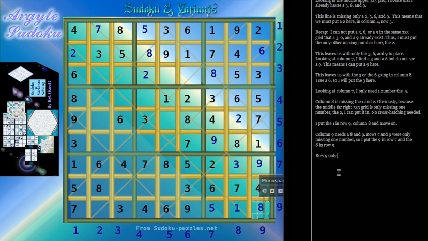Row 9 only needs the 2, so I put that in.